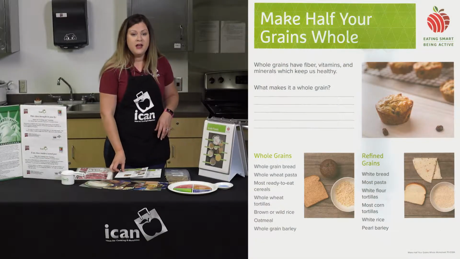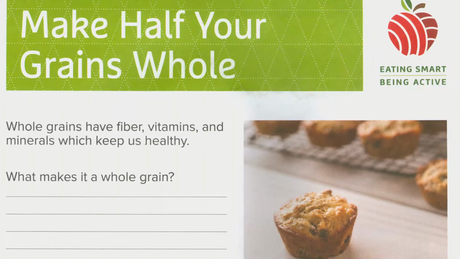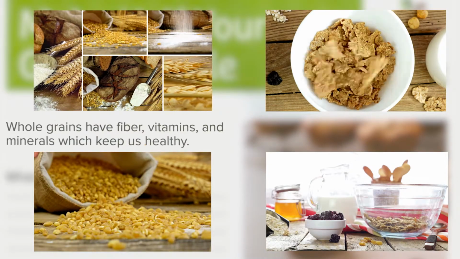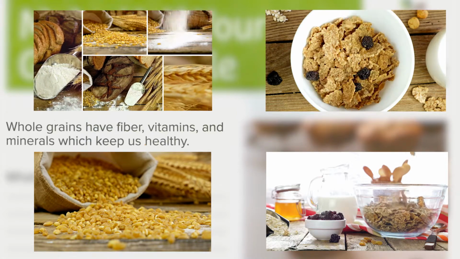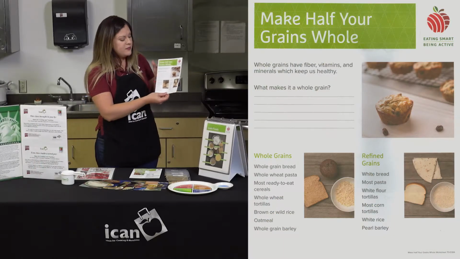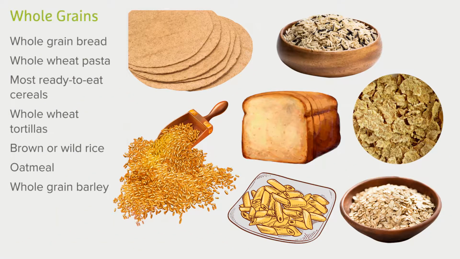So beginning, I want to show in our handout here how it talks to us about how whole grains have fiber, vitamins, and minerals that are necessary each day for our bodies to be healthy. We do have some examples down here at the bottom of whole grains and refined grains.